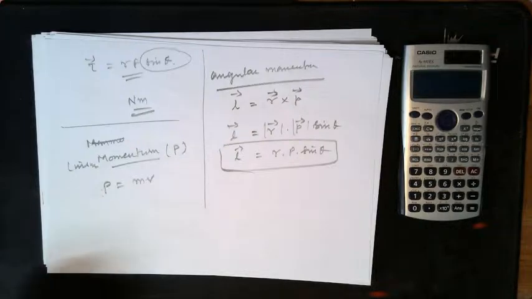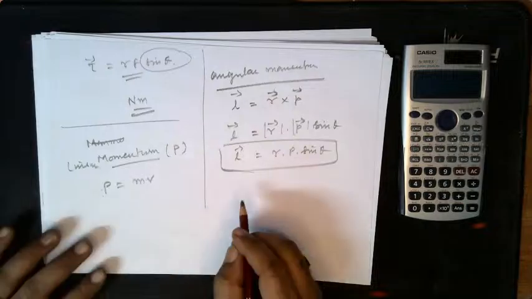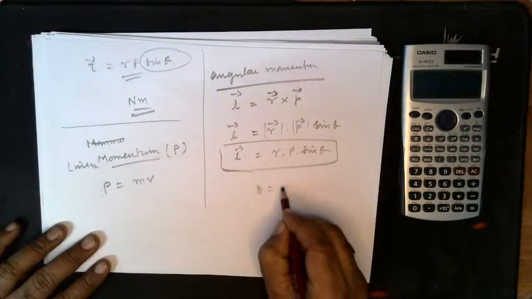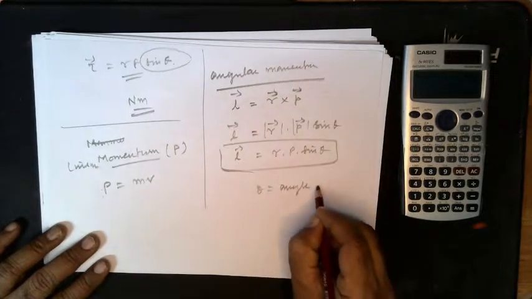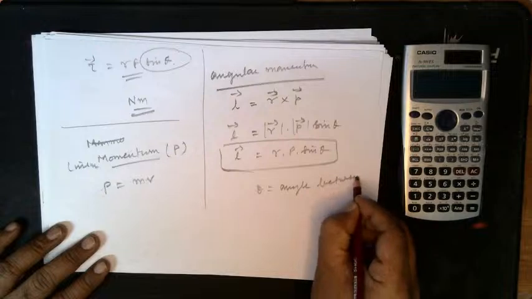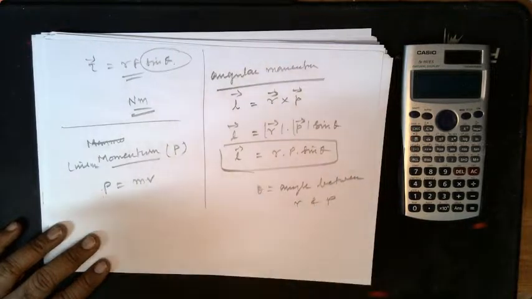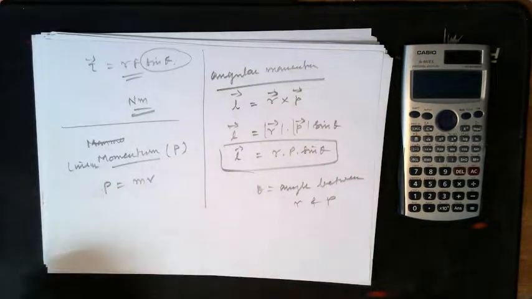What is theta? Theta is the angle between R and P. R is the position vector, and P is the linear momentum.